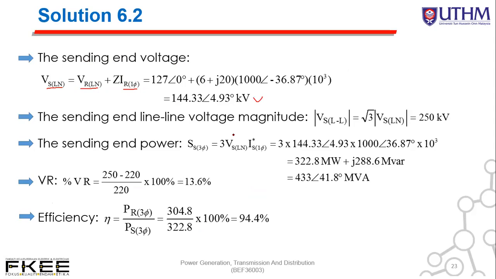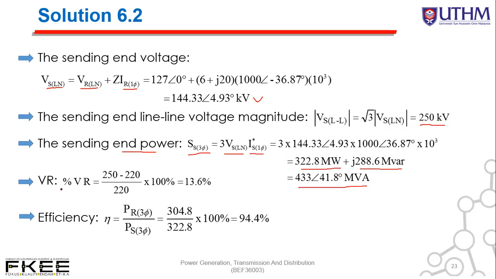In terms of magnitude, VS line to line equals root 3 times VS line to neutral, which is 250 kilovolt. Then the sending end power can be calculated from SS 3-phase equal to 3 VS line to neutral times IS single phase. So we got 322.8 megawatt plus j288.6 MVar, or 433 MVA.